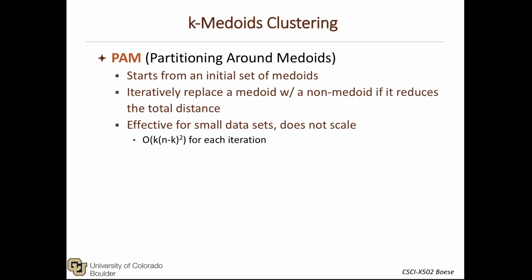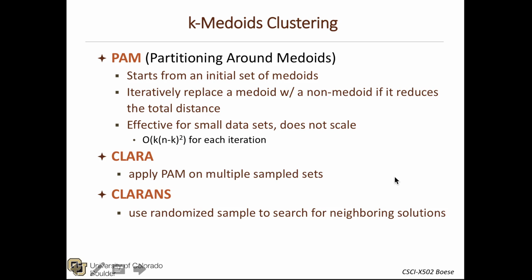PAM is one algorithm to help find the local minimum for the k-medoids problem. And again, it may not be the optimal, but it's faster than an exhaustive search. We're using the actual objects themselves to select the centroid, and it's more work than k-means, because calculating the mean is quite a bit faster and easier than going through all the details for k-medoids. We're not going to go into too much detail.